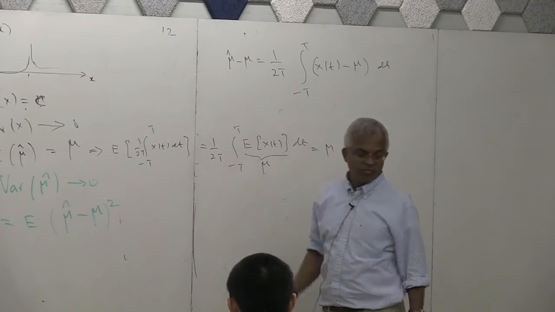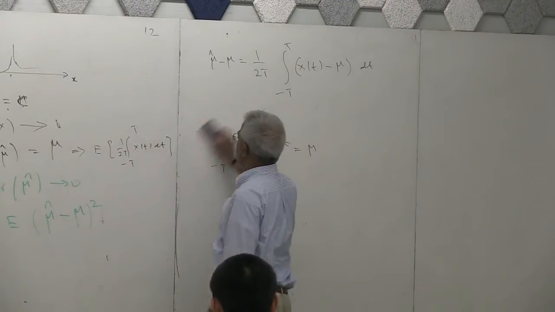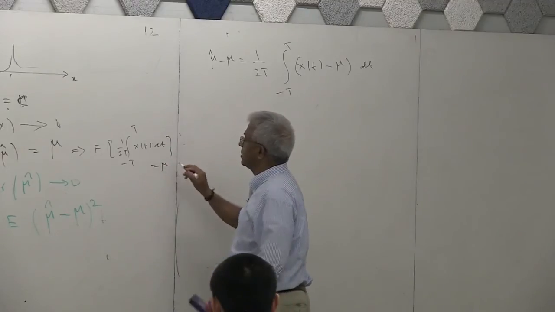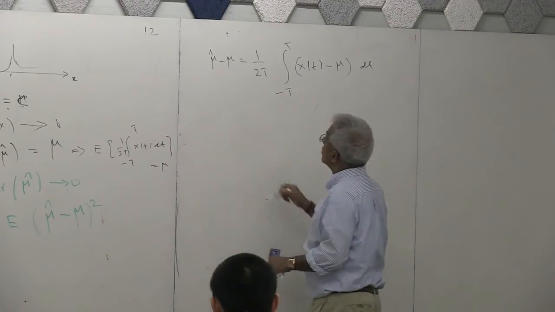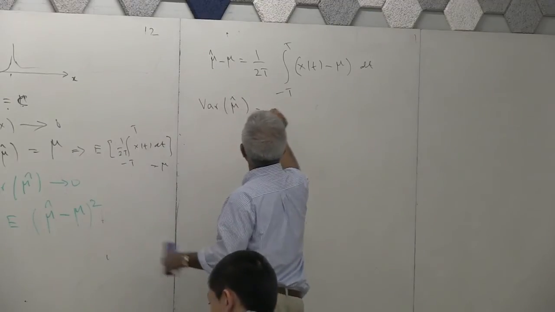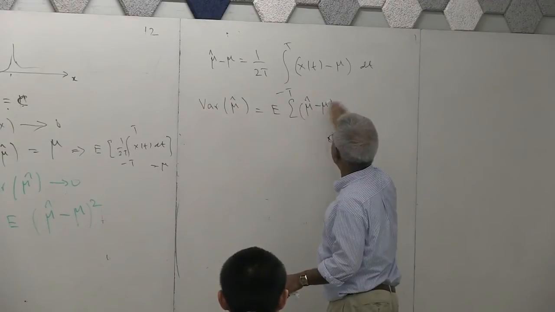So let's do the variance. That quantity should go down to 0. So this is mu, that's fine. The variance of mu hat is the expected value of mu hat minus mu the whole squared.